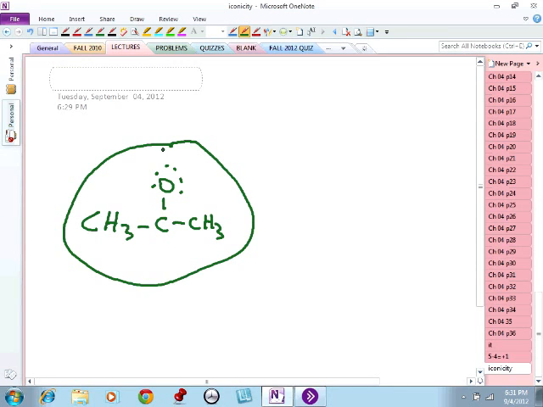So in this case, what would be the formal charge on oxygen? Very simple, right? 6 minus 7, that is -1. The formal charge on carbon is +1. So we don't really need to spend too much time on this.